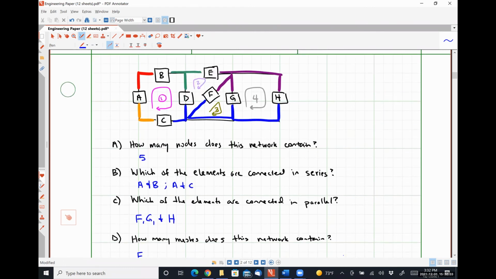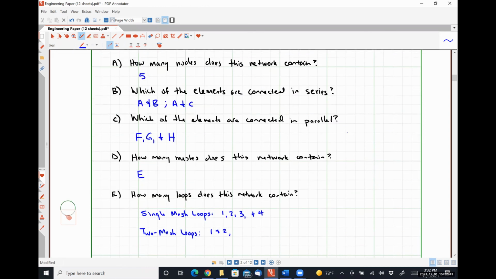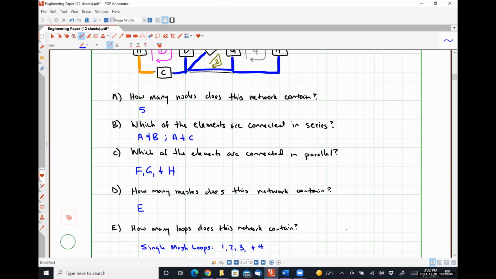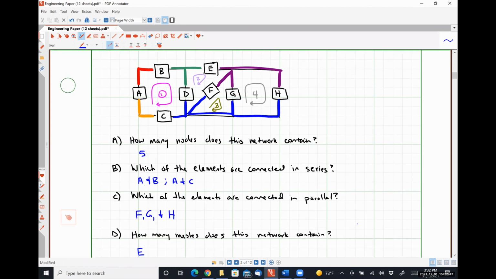A loop that contains mesh 2 and 3. So we could effectively just draw a loop around that middle square by itself. And then we could have a loop that contains mesh 3 and 4. So it'd be like that triangle and that square on the right-hand side together.